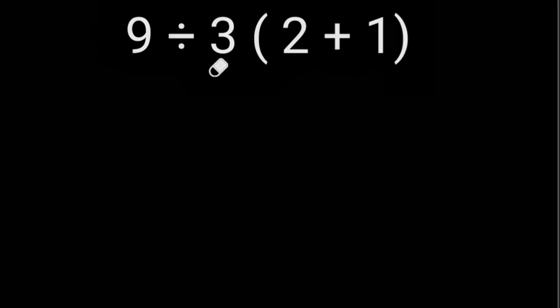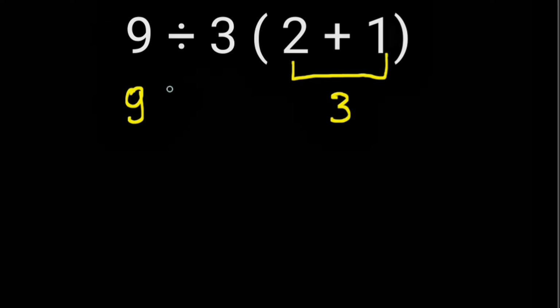9 divided by 3 (2 plus 1). We know that 2 plus 1 is 3. So our new expression becomes 9 divided by 3. We're going to replace this parenthesis by a multiplication sign.